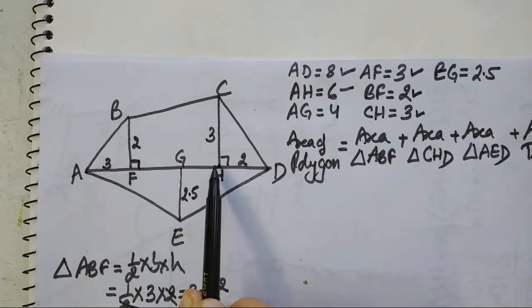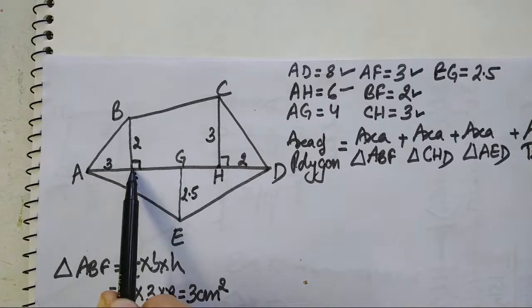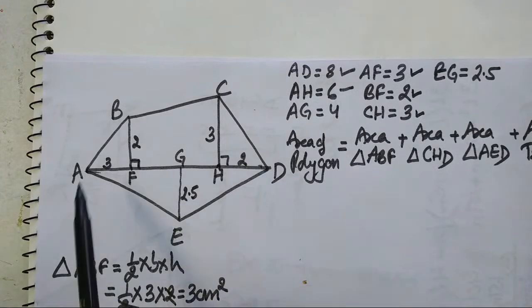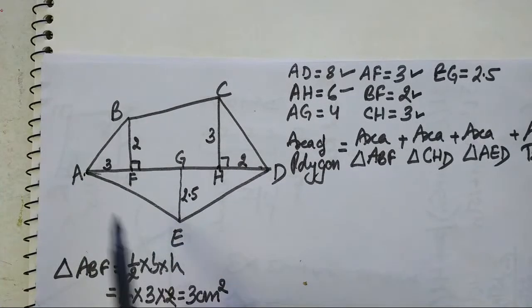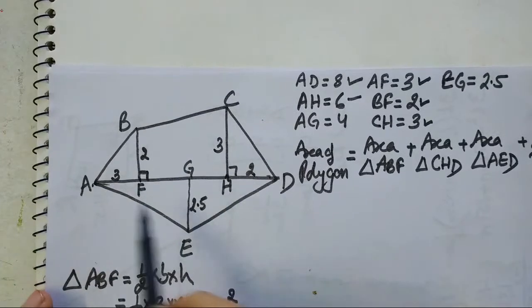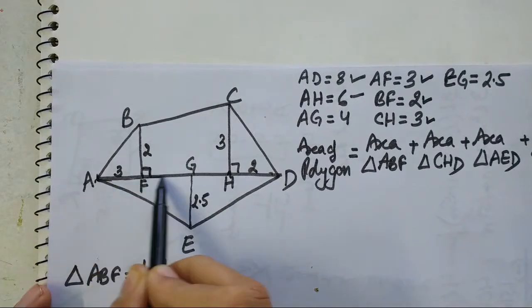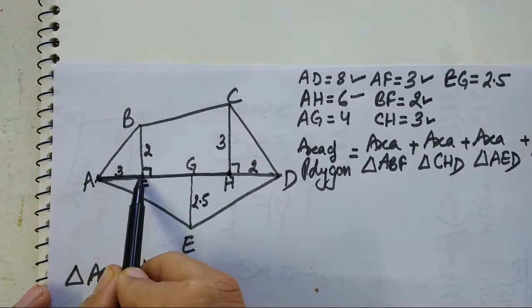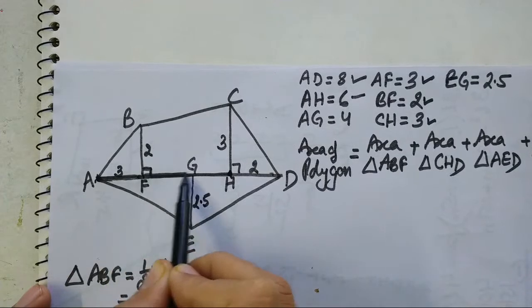Now AH is a length, but we need the length FH and I need the length of this. So AF is given 3. AH from this point to this point AH is 6. So if this length is 3, then what is this length?